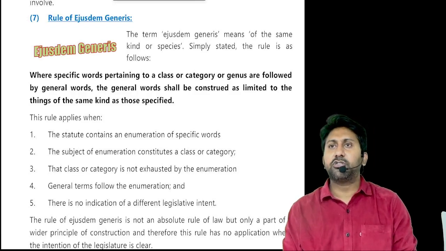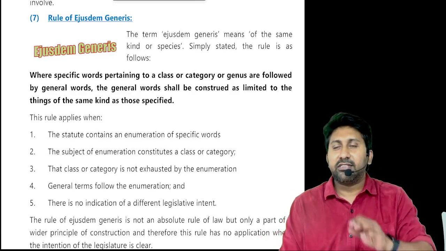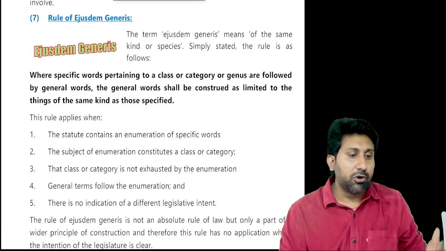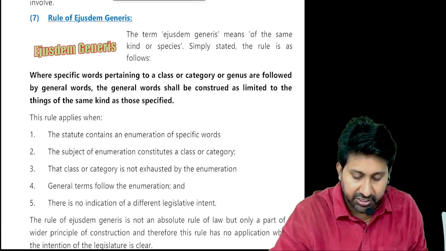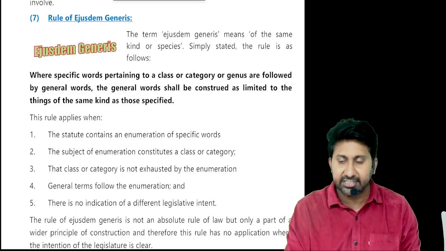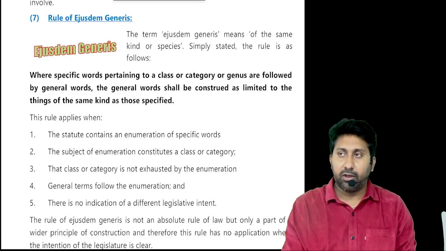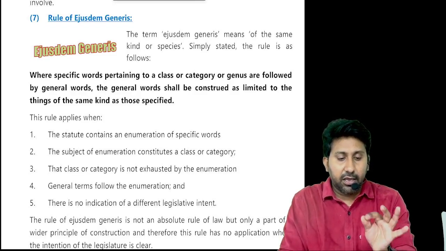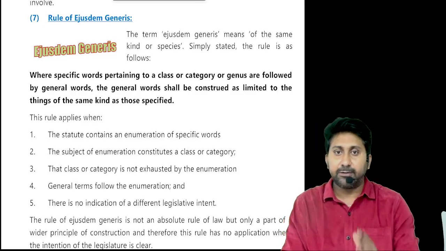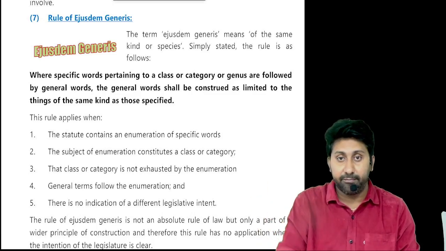Okay, ejusdem generis. See here. Sir, this also so many times I told you in the class. What is the meaning of ejusdem generis? Listen. Ejusdem generis says like this. There is a particular statement, an enumeration of specific words. Specific words are followed by a general word.